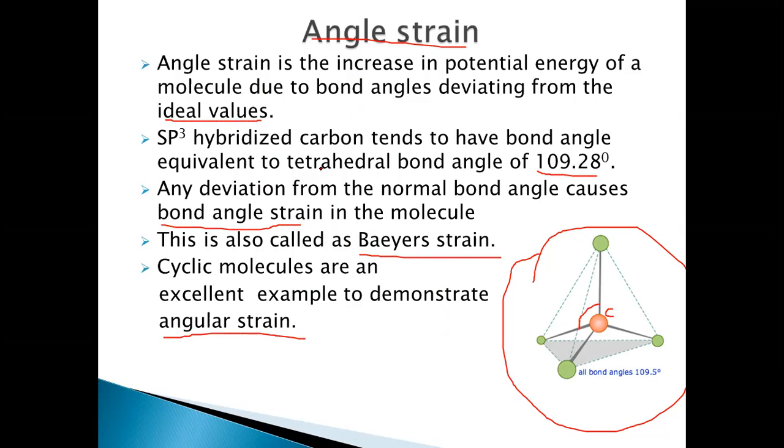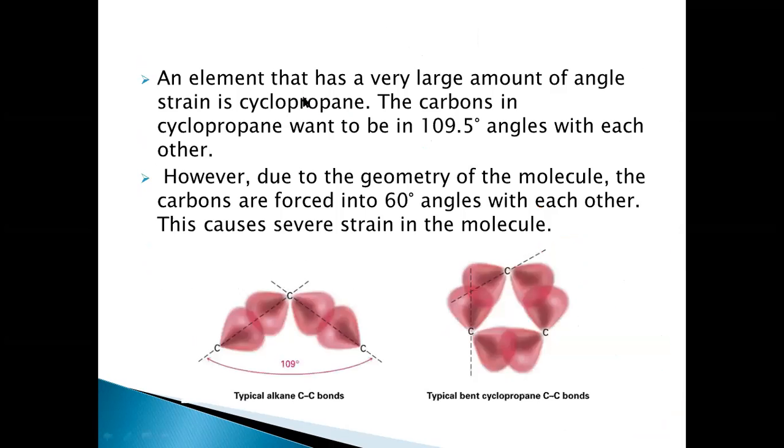We can explain this as an increase in the potential energy of the molecule because of the deviation from this ideal bond angle, that is 109 degrees 28 minutes. It can be best understood with the help of the example of cyclopropane, where the three carbon atoms are arranged in a cyclic manner and the bond angle is only 60 degrees.